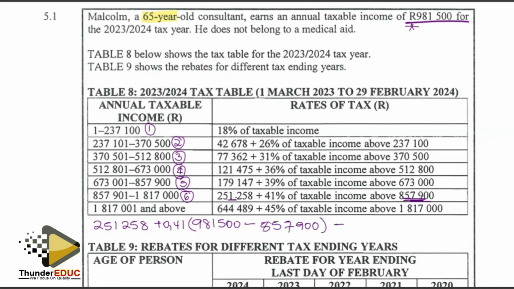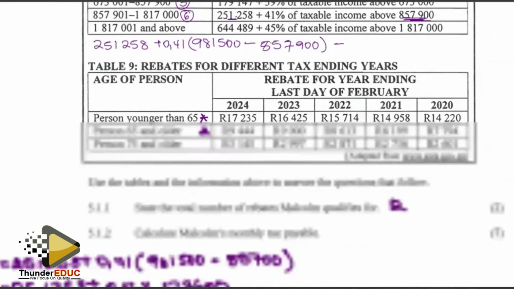After doing that, you subtract the rebates. Malcolm is 65 years of age. You qualify for 2 rebates. The rebates will be here.